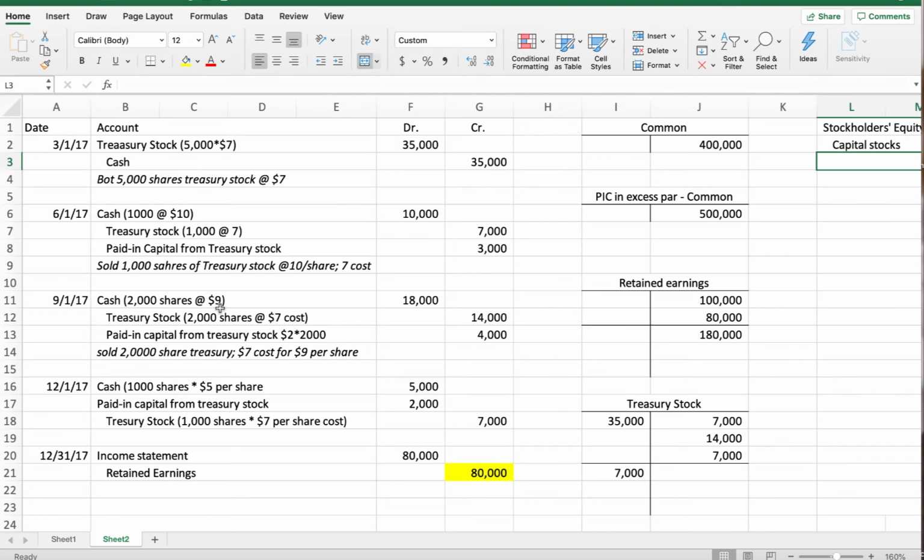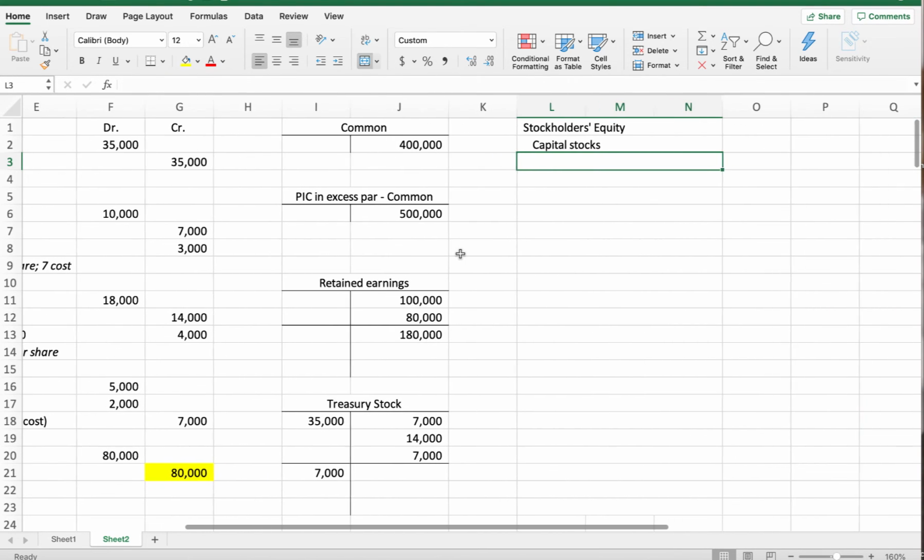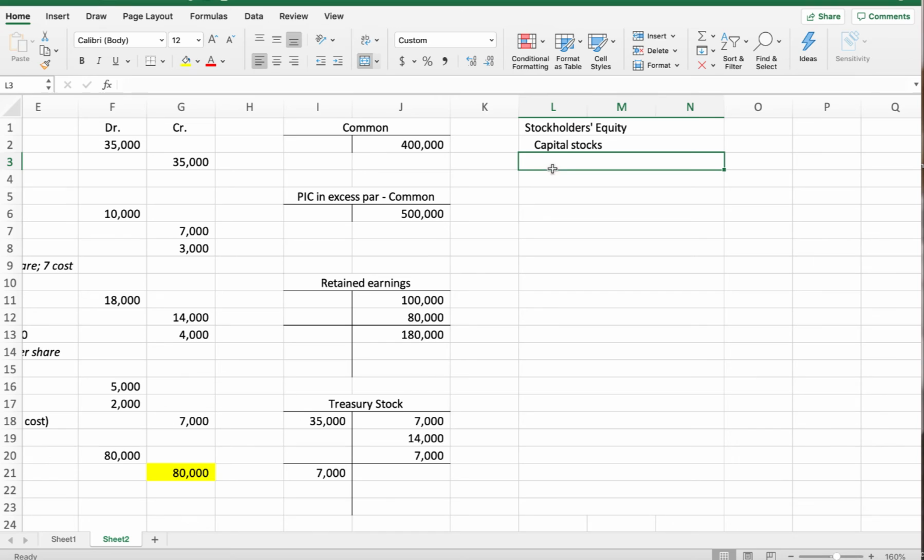we move forward, right? So we started with balances in our common stock. This should be called paid in capital stock. Okay.